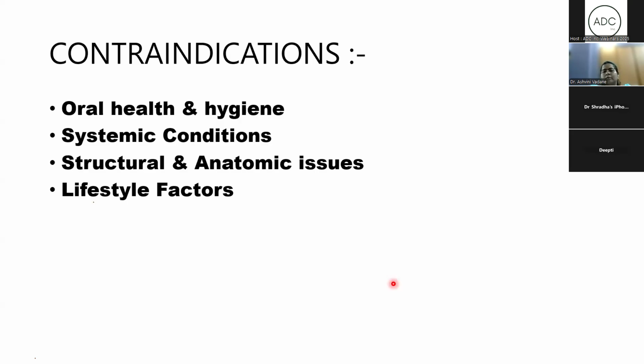So this comes under the anatomic aspect. As well as you have to take into consideration, in cases of the maxillary arch, the sinus proximity, and in mandibular cases, inferior alveolar nerve proximity. So all these factors you have to take into consideration while giving dental implants.